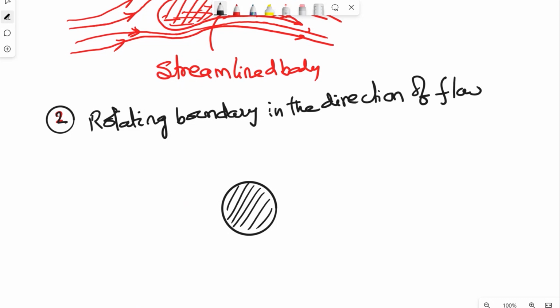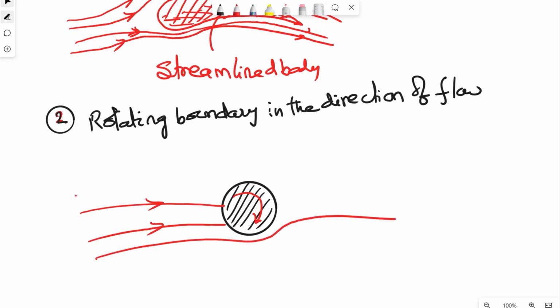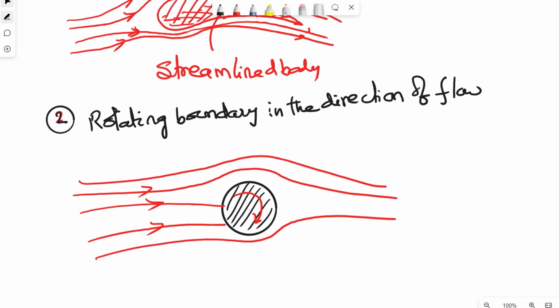This body is to be rotated like this. If it is rotated, then the flow will be like this. So this is a rotating cylinder. These are all streamlines.